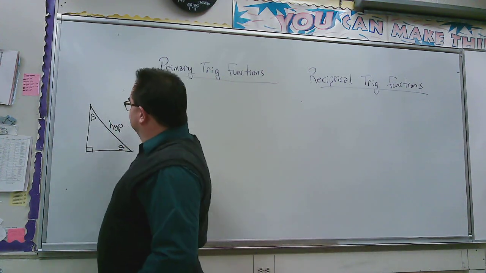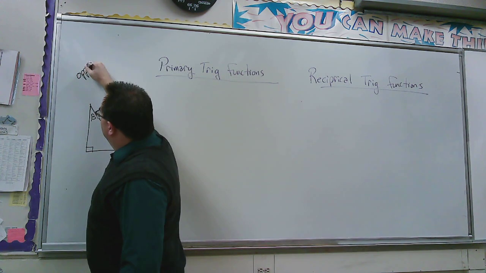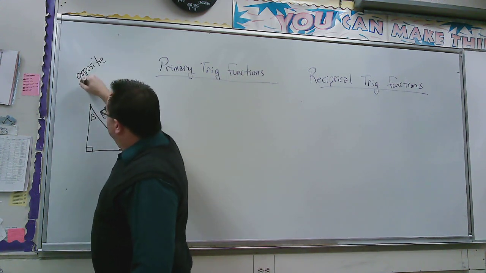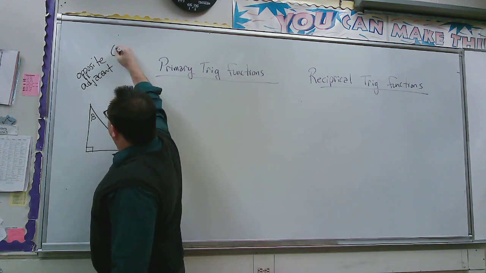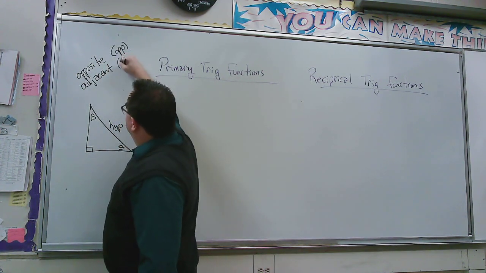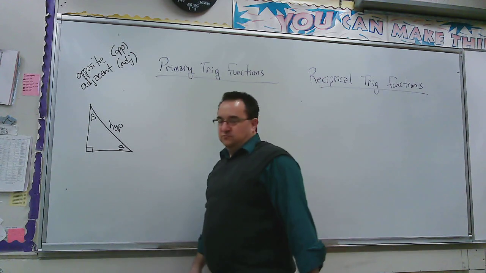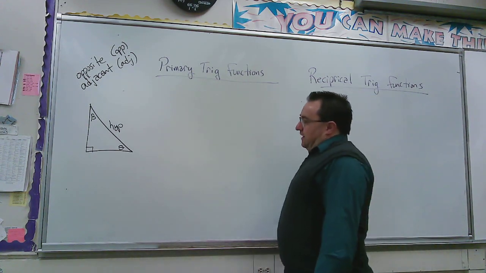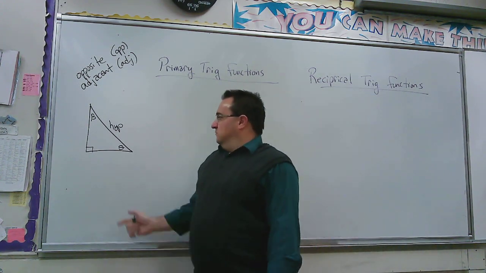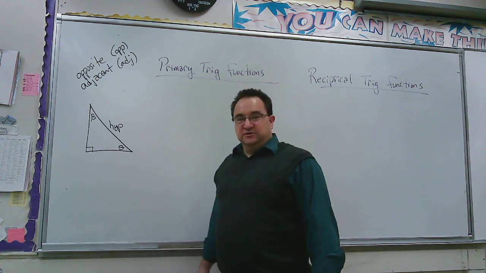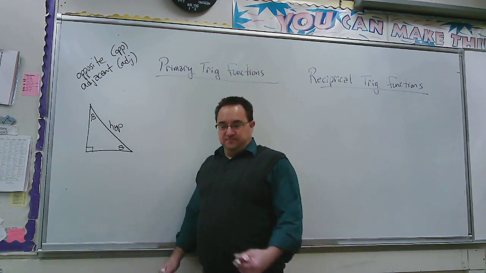Now, having said that, we have 2 other names, which I'm going to just write up here: opposite and adjacent, which I'll abbreviate OPP and ADJ, and you are welcome to also. Now, at first people get confused because they think, well, which one's the opposite, which one's the adjacent? And it depends.